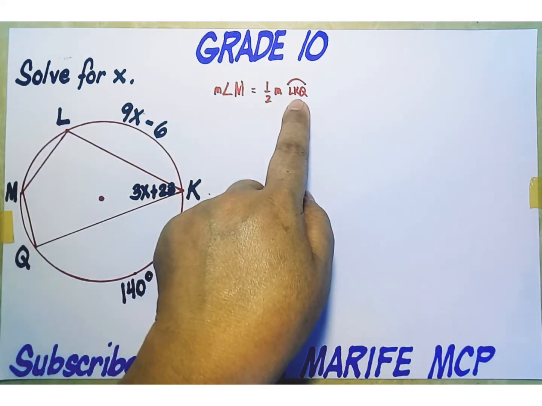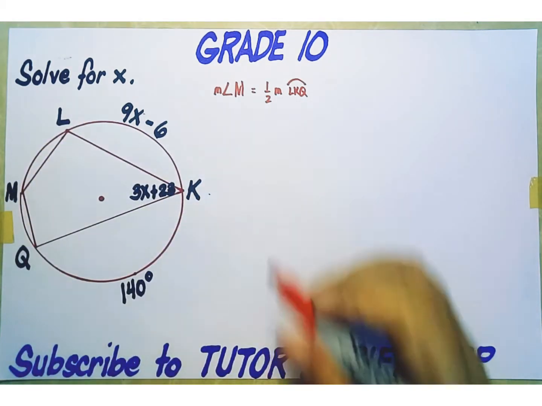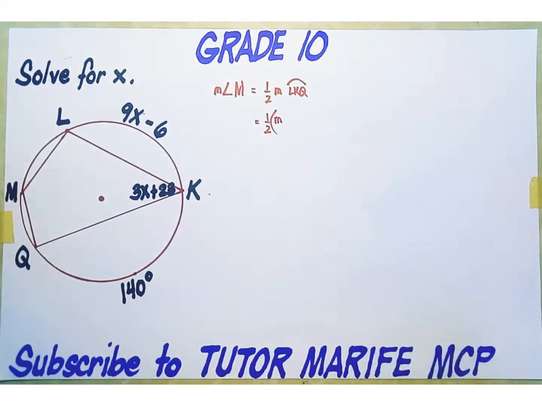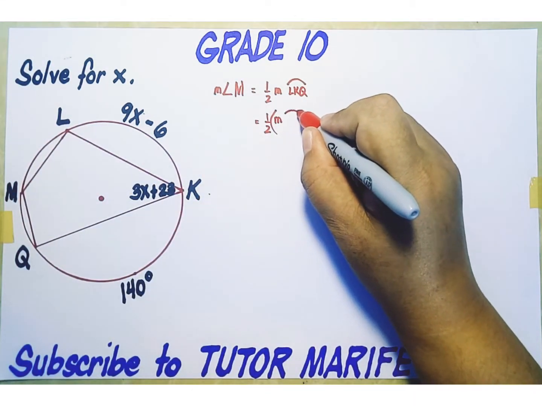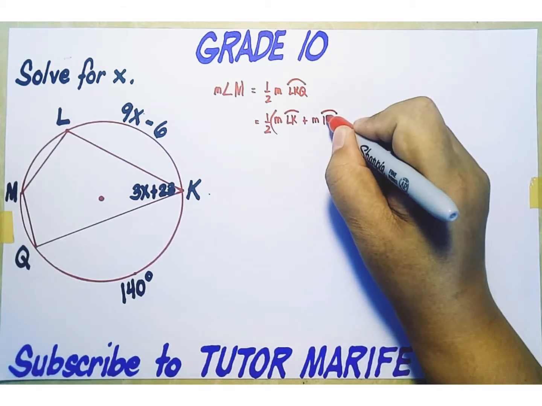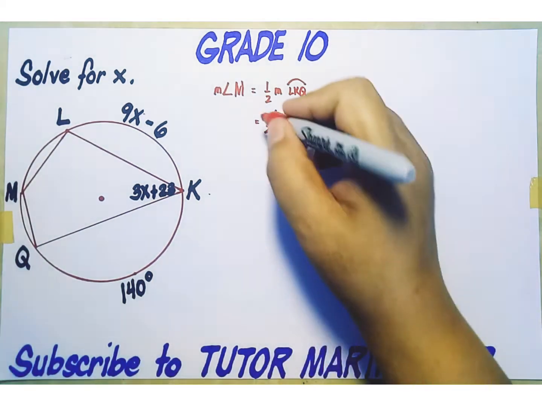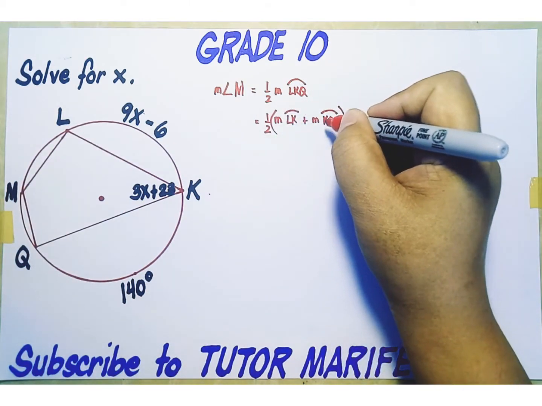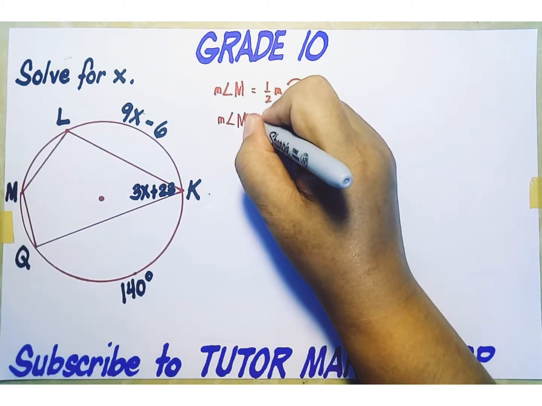So we can replace this with the sum of the two smaller arcs. Measure of arc LKQ is equal to measure of arc LK plus measure of arc KQ. And this is equal to 1/2 the measure of arc LK plus measure of arc KQ is equal to the measure of angle M.